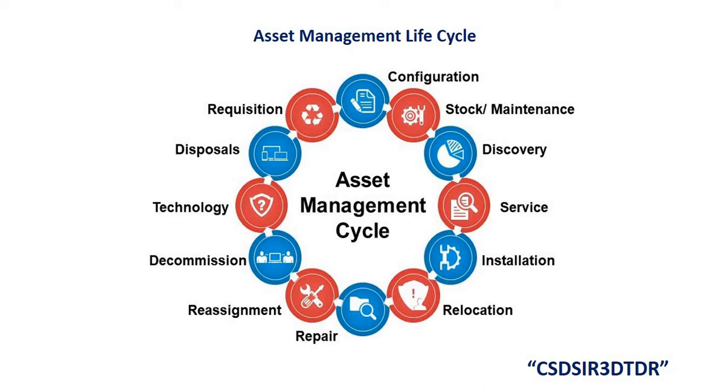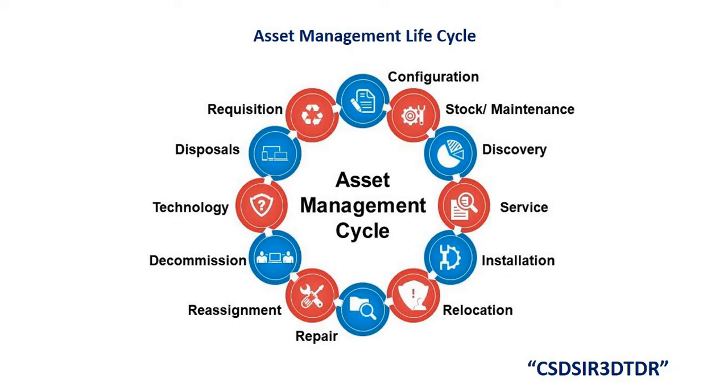The different indications are being given here, and for easy understanding I have given a code word or a term at the end of this particular topic, where you can see the configuration is the first part of your asset management life cycle, where you have to configure the resources. Something like a procurement process is being done, followed by stock maintenance.